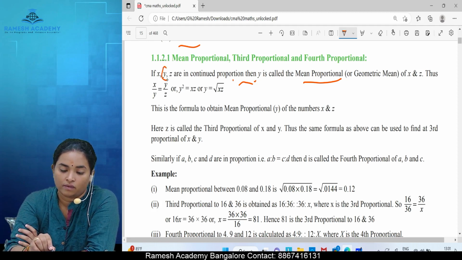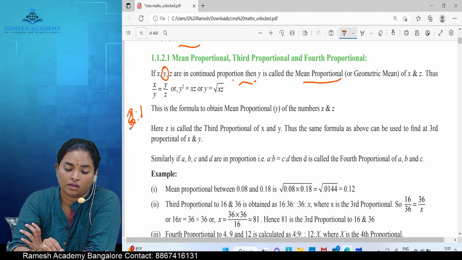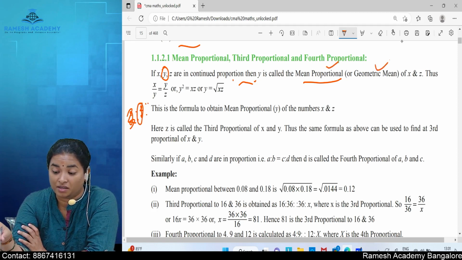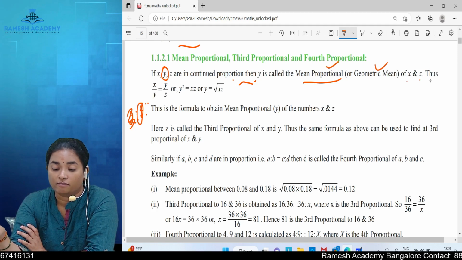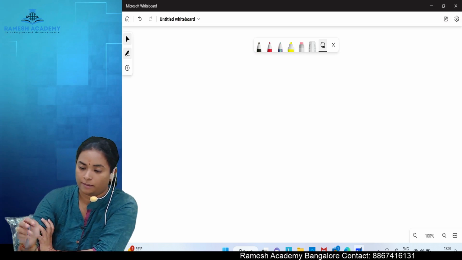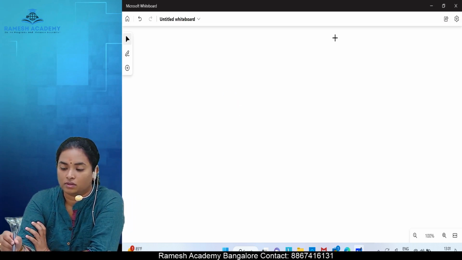So in the example I gave, this middle one we call the mean proportion or geometric mean of x and z. Let's see how it works.